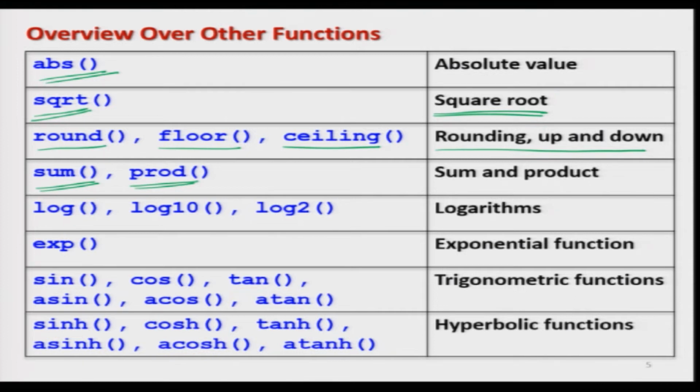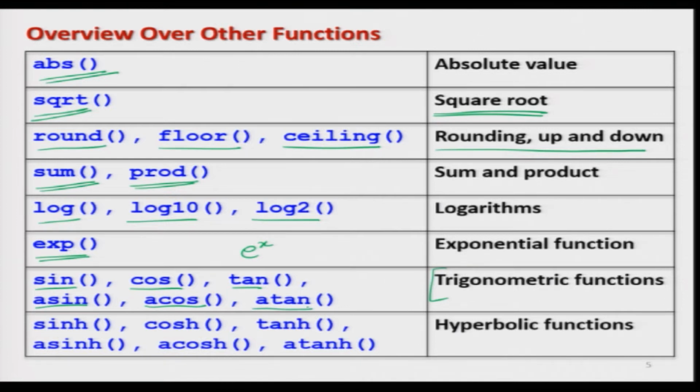Similarly, for different types of log functions, we have the commands log, log10, log2, etc. If you want to find the exponential function, like e raised to the power x, you have the command exp. For trigonometric functions, we have the built-in commands sin, cos, tan. For cosec it is sin, for sec it is cos, and for cot it is tan.